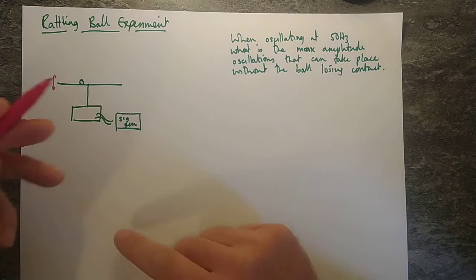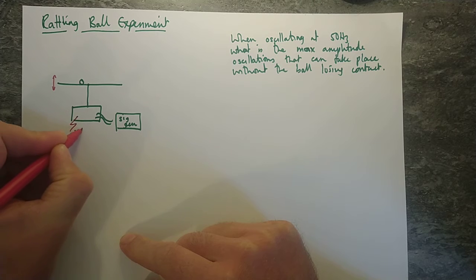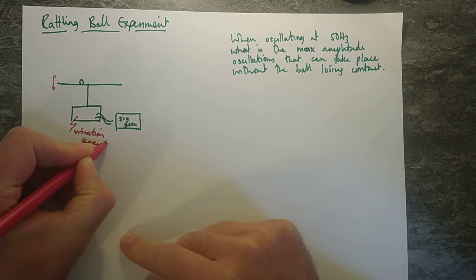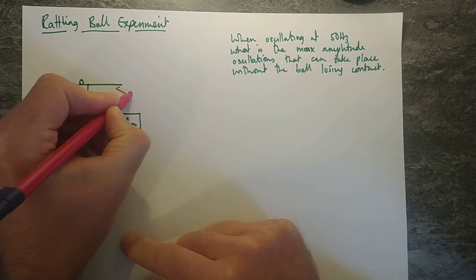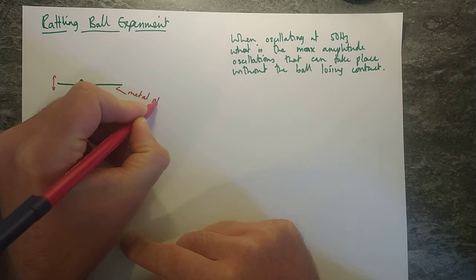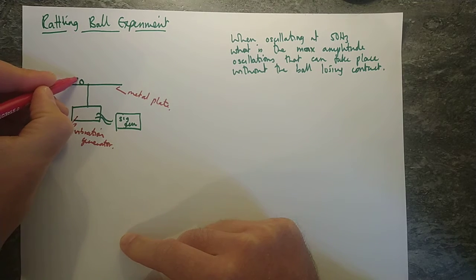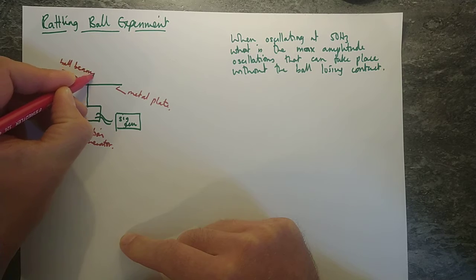The equipment we have is a signal generator connected to a vibration generator. That vibration generator is connected to a metal plate. It could be any material, but the metal plate does make it sound loud. On the top we have a ball bearing.